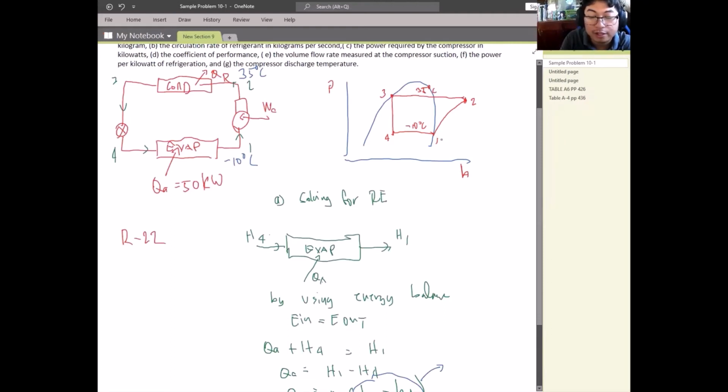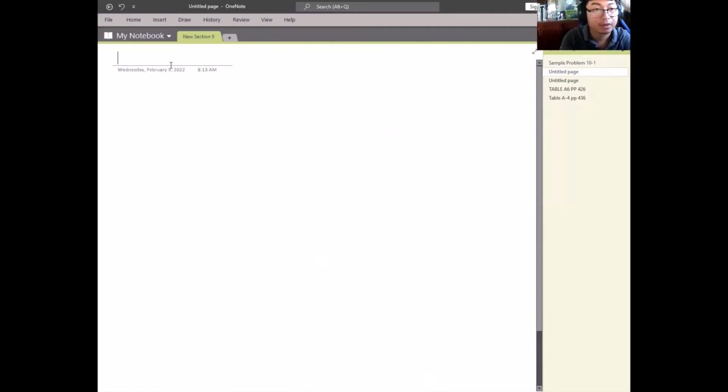Solving for H1 and H4, this will be our enthalpy table: H1, H2, H3, and H4.